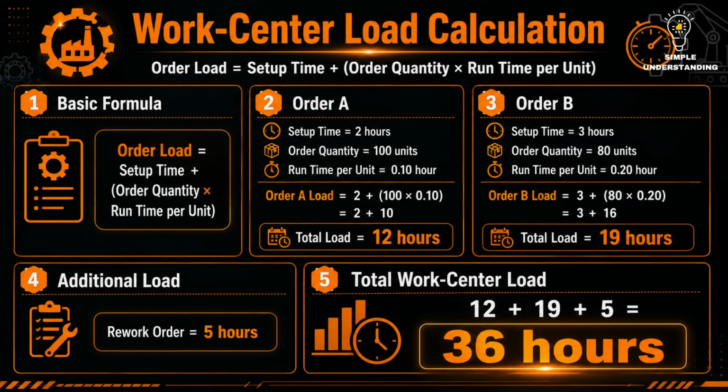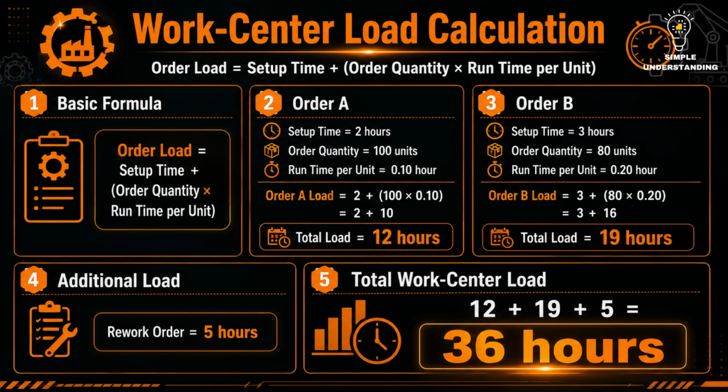The result is 2 plus 10. Total load equals 12 hours. Order B requires setup time of 3 hours, order quantity of 80 units, runtime of 0.20 hours per unit. Order B load equals 3 plus 80 multiplied by 0.20. The result is 3 plus 16. Total load equals 19 hours.